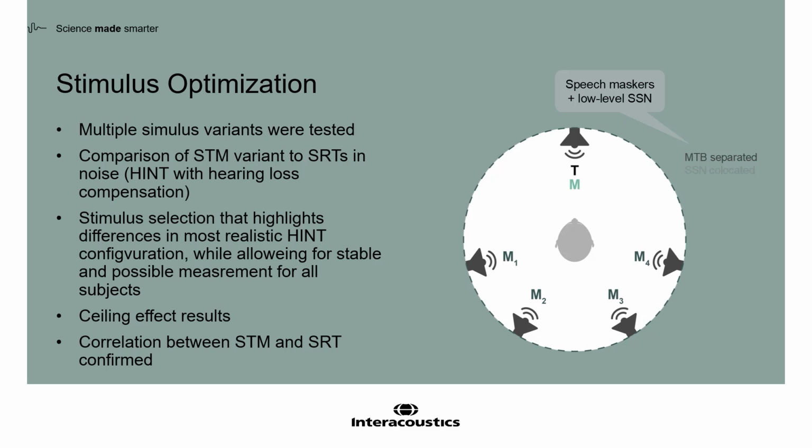The HINT was used since it can be set up in an ecologically valid fashion, again, simulating real-world listening situations. They found a high correlation between ACT values and HINT scores, and all study participants were able to produce a threshold resolving the ceiling effect and reinforcing the relationship between ACT and speech and noise performance.